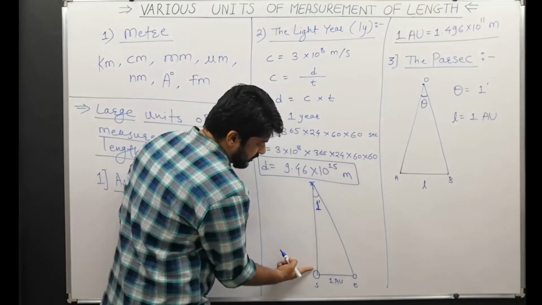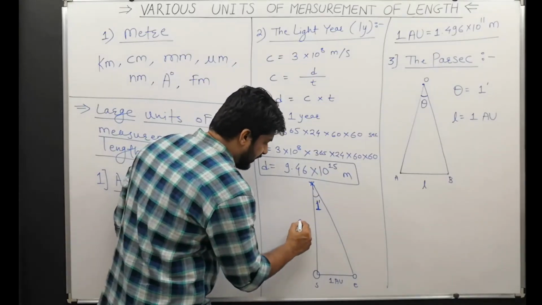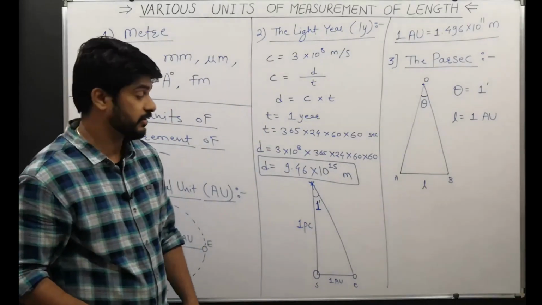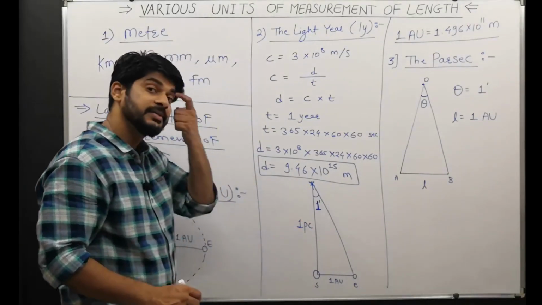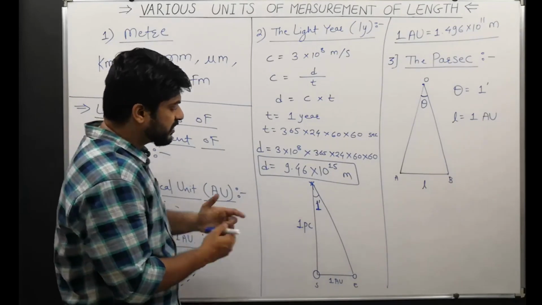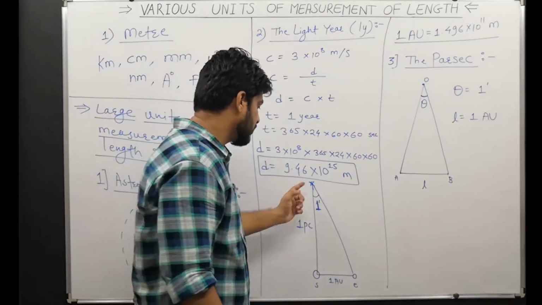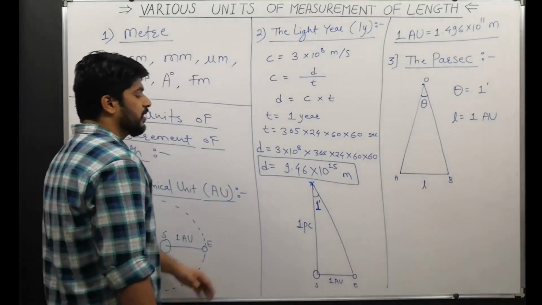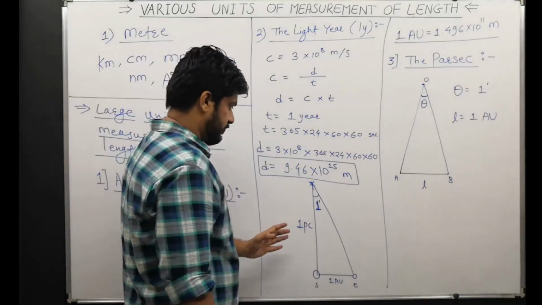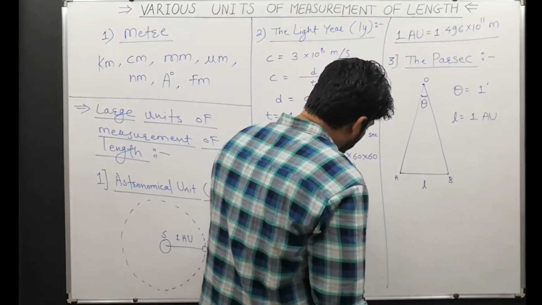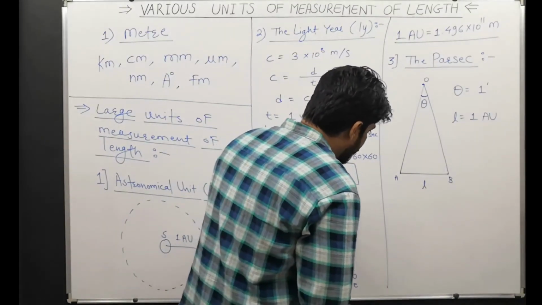In that case this distance is exactly equal to 1 parsec, 1 pc. This distance is very big, so this other distance would also be almost the same, that is 1 parsec. So now we can define what this parsec is from this given situation.